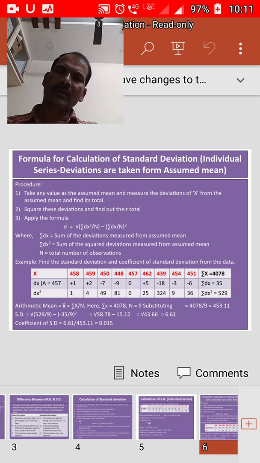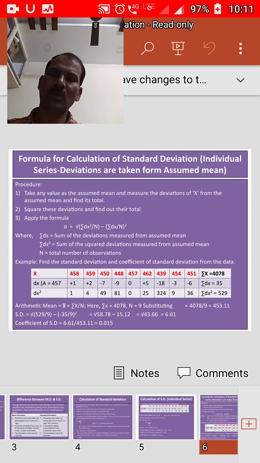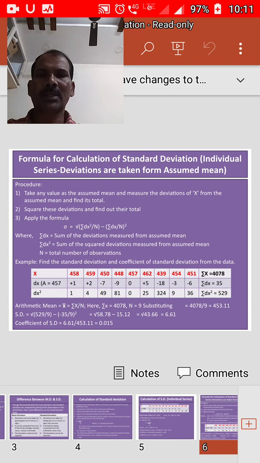The sum of these deviations, summation of dx, is equal to minus 35. If you add the minuses and pluses, because the minuses are more, you will get minus 35.